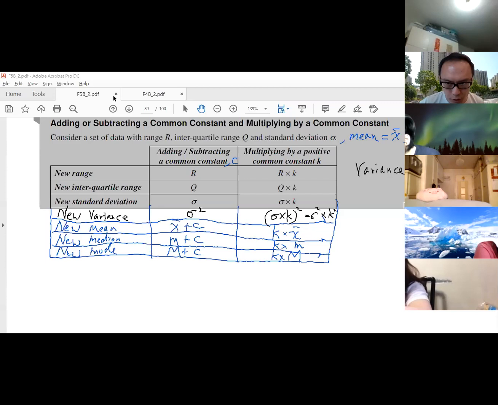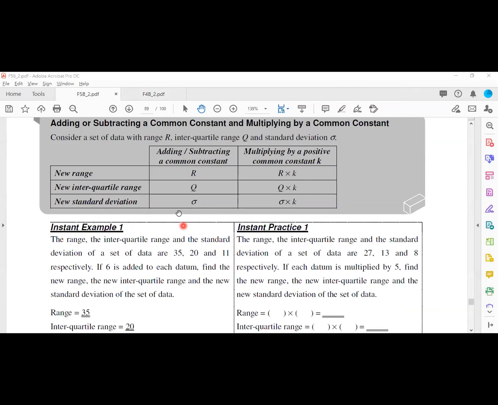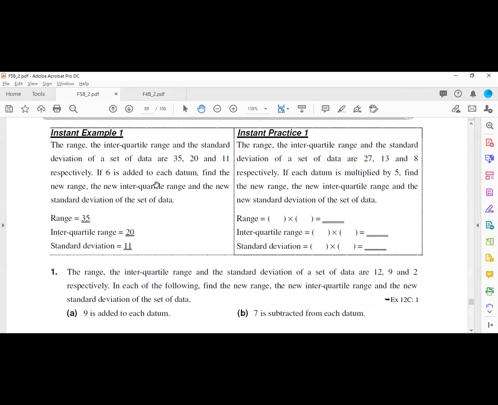OK, so let's look at some questions. Let me clear the board first. Instant example 1. The range, the interquartile range, and the standard deviation of a set of data are 35, 20, and 11 respectively.